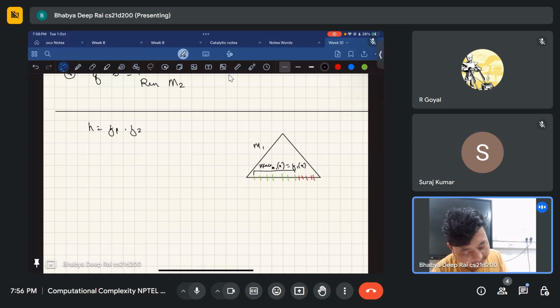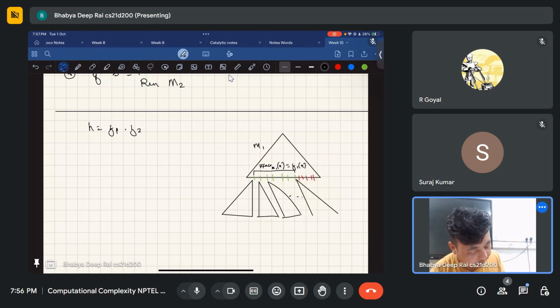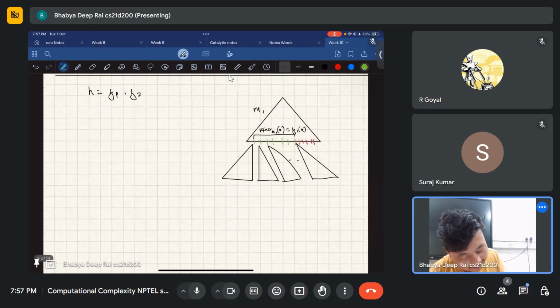What I do now is, on each accepting path I will run M2.